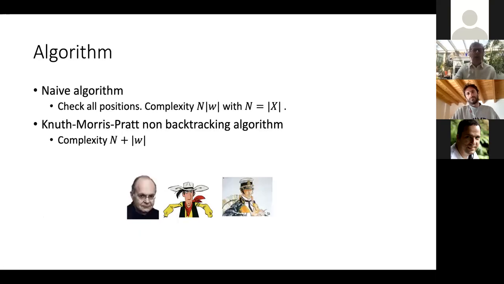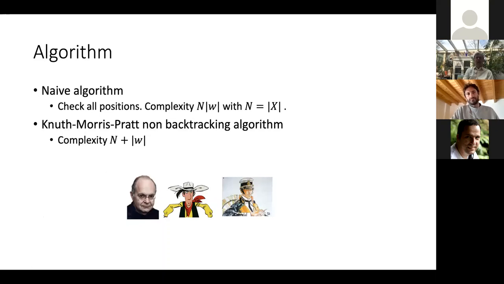For example, if you have a factor W, and you want to check on a text of size capital N, the naive algorithm is to check all positions. Therefore, the complexity is the product of the size of the text X and the size of the factor.